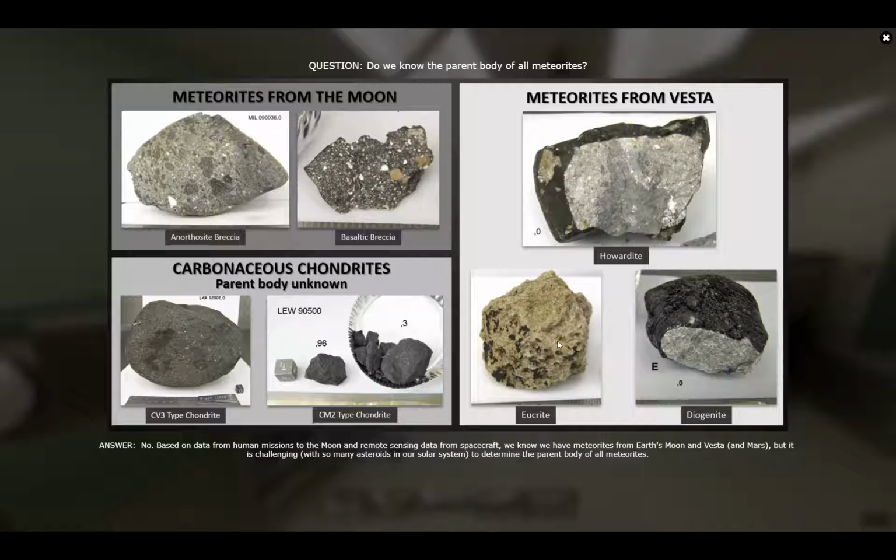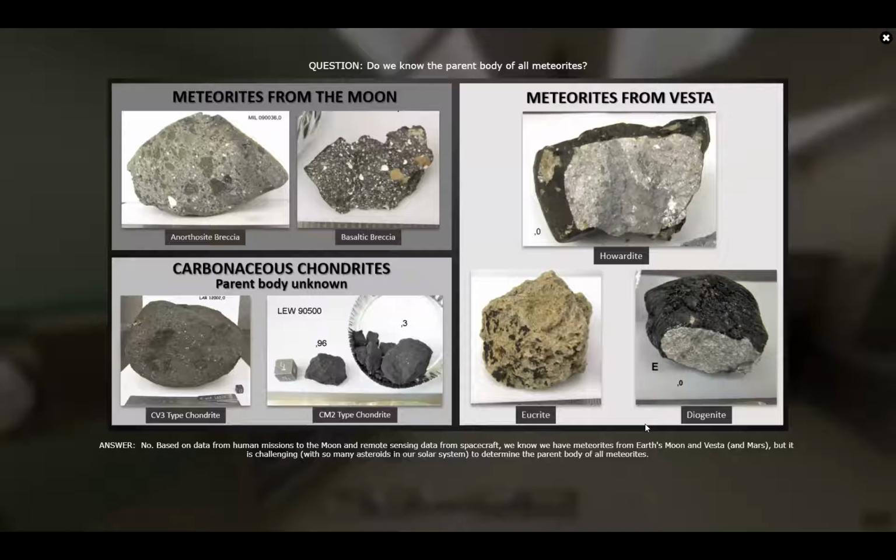Leading into that, as you may or may not know, basically what happens is little particles come together and they make bigger and bigger objects. As those objects get bigger and bigger, they get hotter and hotter and they will completely melt. So when you're building a planet, it gets so hot that everything melts, and the heavier elements like iron and nickel sink to the center.